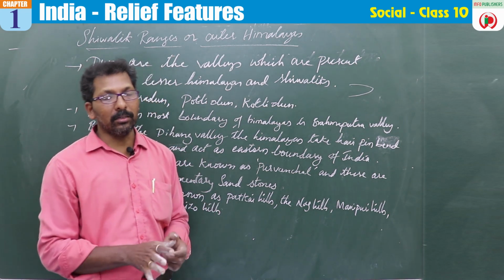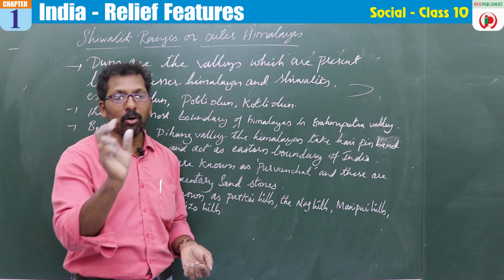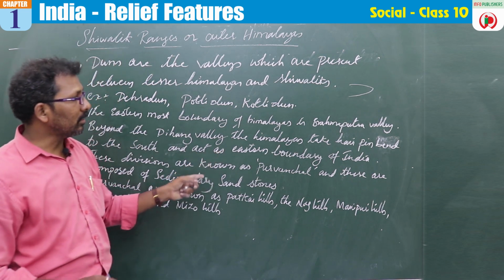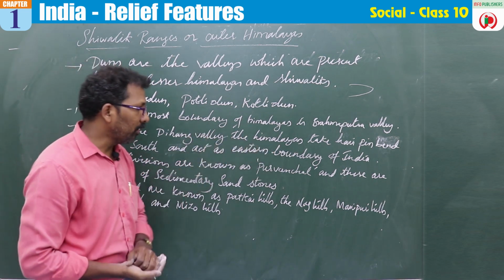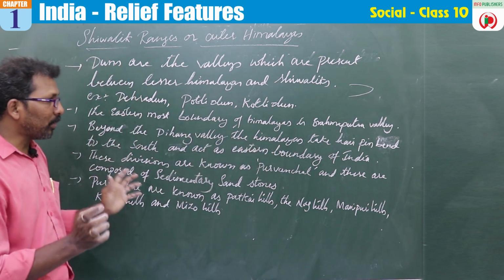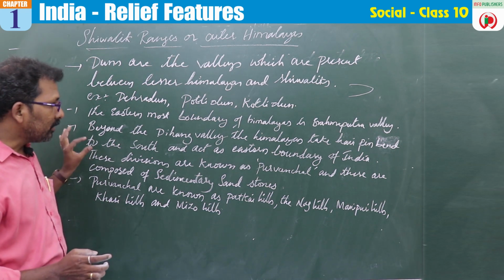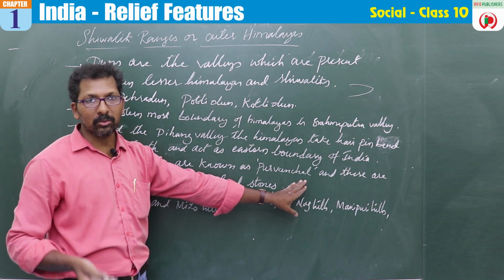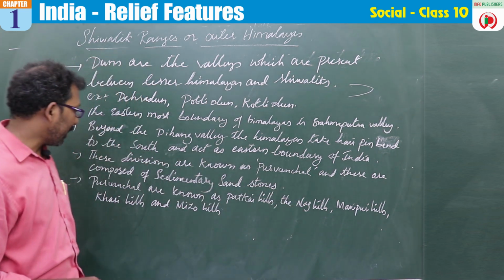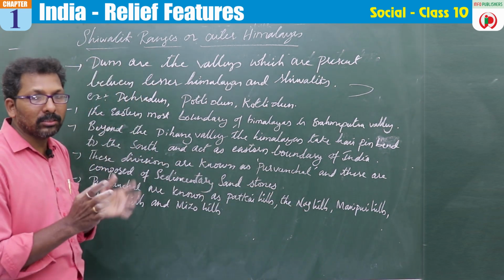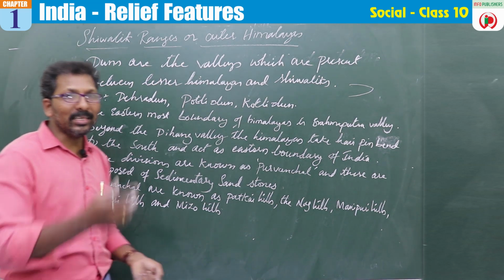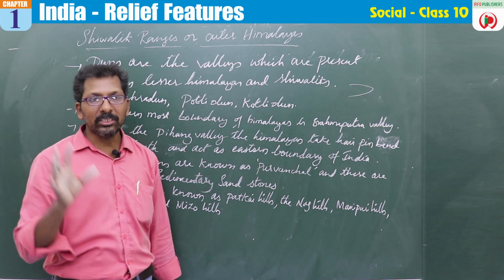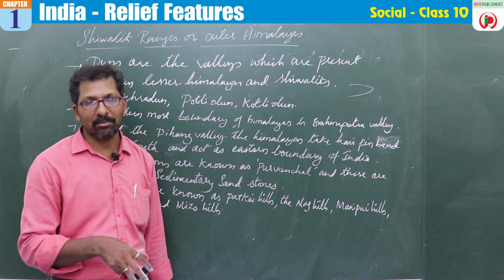These states are protected by the eastern boundary of the Himalayas, and this division is known as Purvanchal. Purvanchal is nothing but the hills which are formed by the Himalayas.